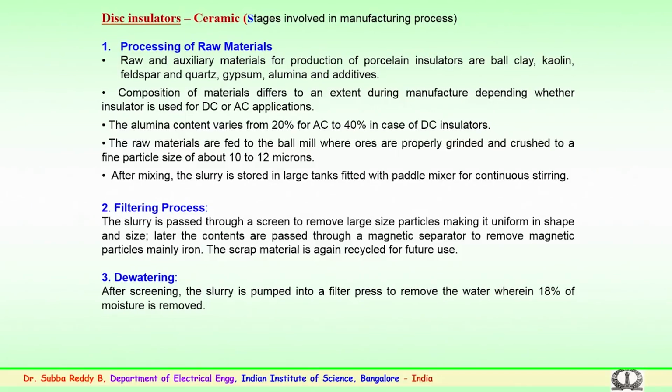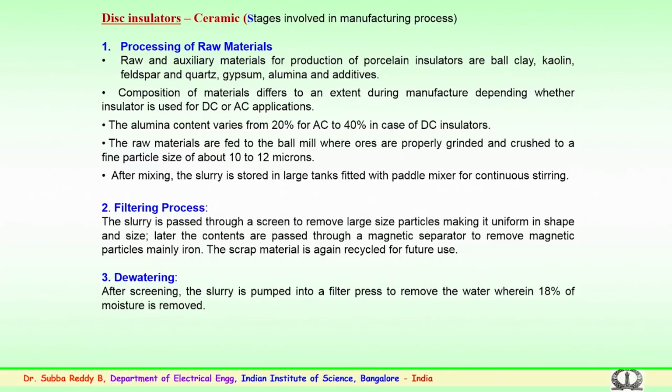Apart from clay, they use kaolin, which is again a clay type of material. Along with the clay, some portion of quartz, gypsum, alumina and some additives are used. These are the main ingredients: clay, kaolin, feldspar, quartz, gypsum, alumina and additives.